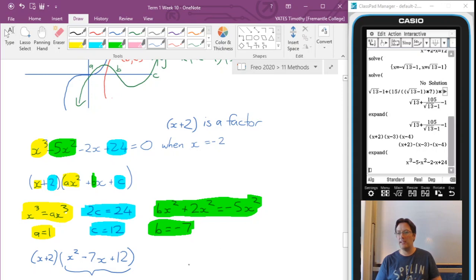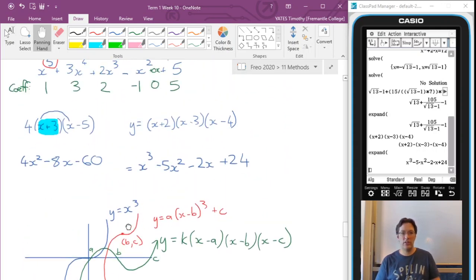They've both got to be negative numbers, so it's going to end up being (x + 2)(x - 3)(x - 4), with the numbers negative 3 and negative 4. So we know that x plus 2 is a factor, and we can factorize to get this factorized form.